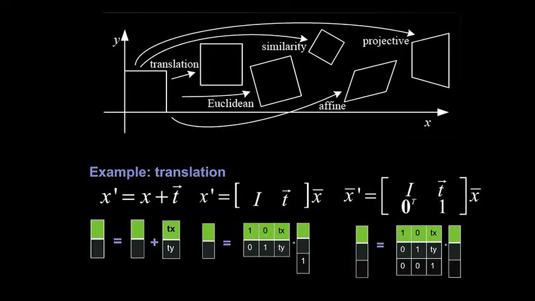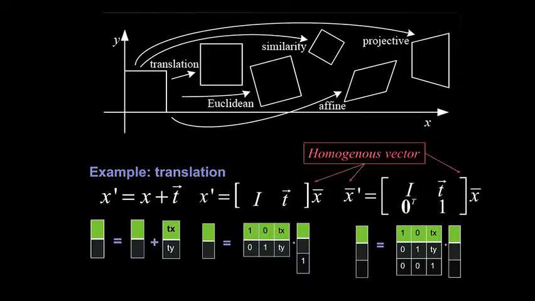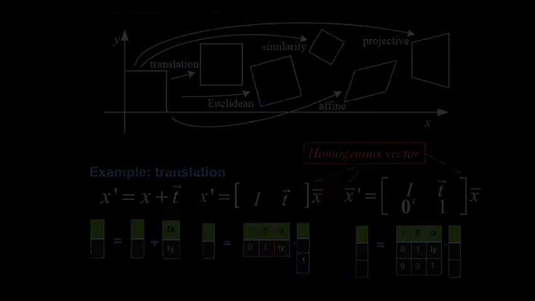To keep the whole thing in homogeneous coordinates, instead of a 2 by 3, we would make this a 3 by 3, so that 0 vector is now on the bottom row, and we get from one homogeneous vector to another. Okay? So that would be translation. By the way, because these are now just matrix multiplications, we could chain these transformations.